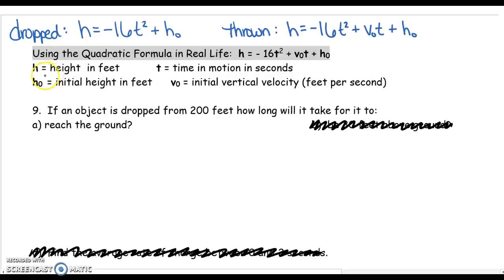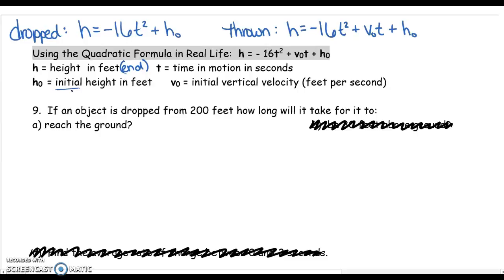H stands for the height of the object in feet, and I'd like you to add in here that that's like the ending height. So if you drop an object, plain h is your ending height. So when the ball hits the ground, that would be a height of 0. That's your ending height. H naught, or h sub 0, is your initial, your starting height.